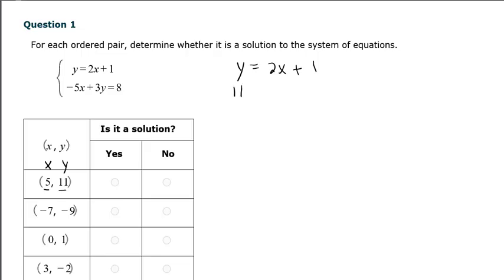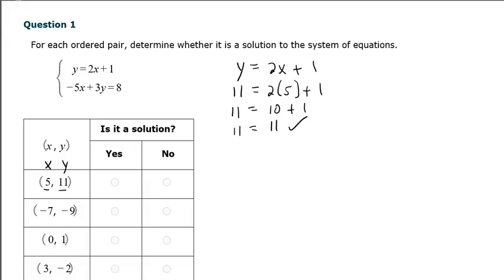So 11 equals 2 times 5 plus 1. So 2 times 5 is 10, and 10 plus 1 is 11. Since the right side equals the left-hand side, that is a solution to that equation, but it doesn't mean it's a solution to the system.